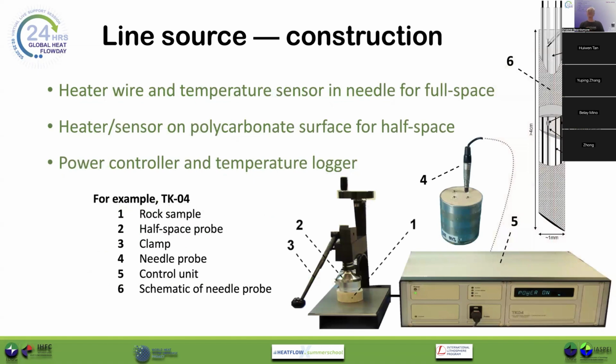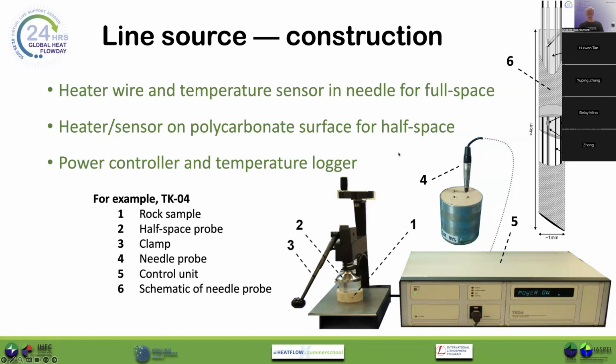So a typical line source instrument for measuring thermal conductivity will have a heater wire and a temperature sensor embedded in a needle or holder of some sort for a full space measurement, or a wire and a sensor embedded on the surface of a carbonate plate for a half space measurement.